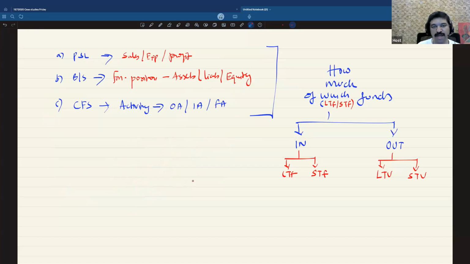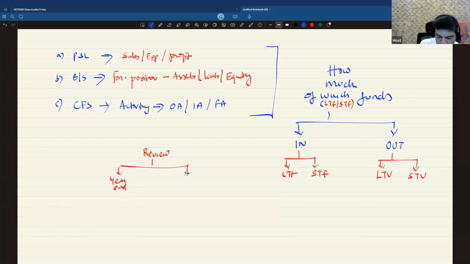But if you are an investor, or a stakeholder like a banker, then you should know what happened during the year, not just what happened as at 31st March. Are you all agreeing with me? If you are an investor or a lender, you have to review the financial position, not just at year end.